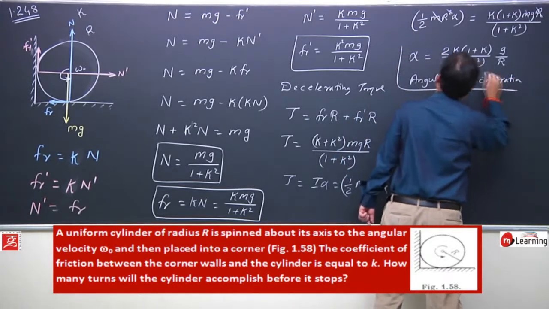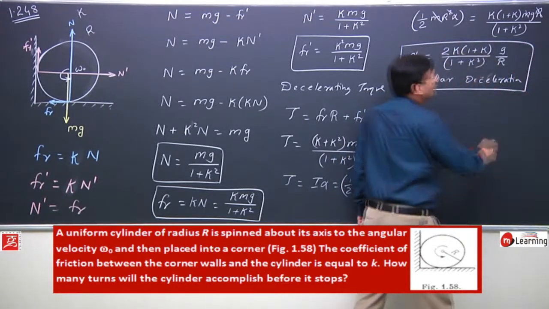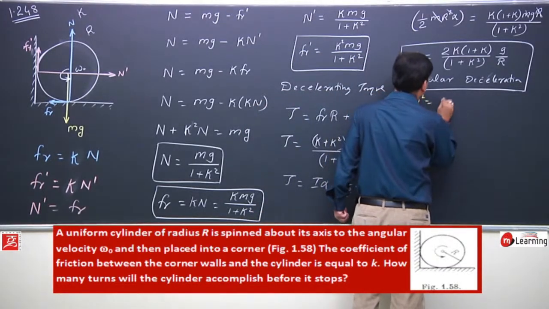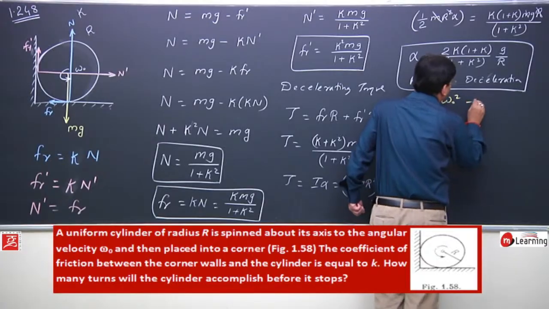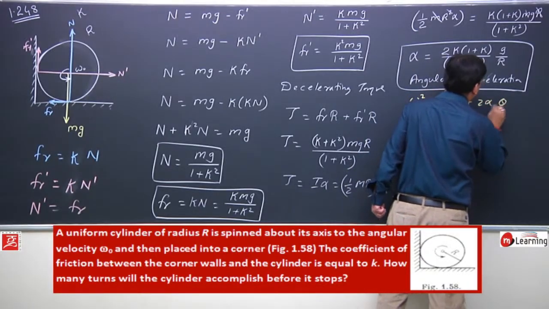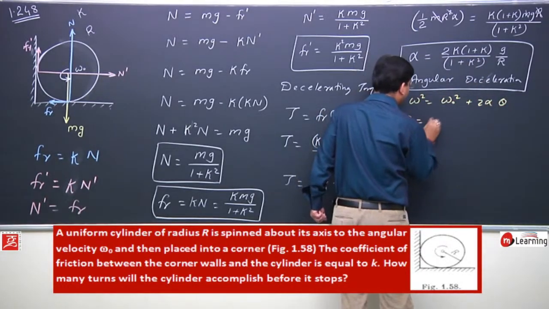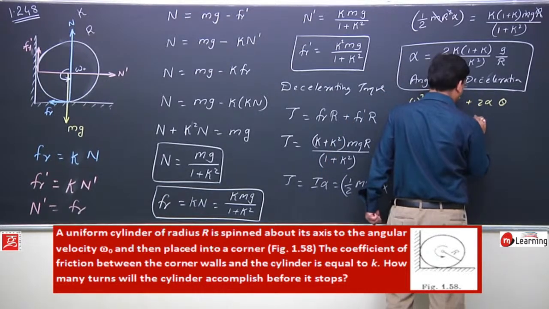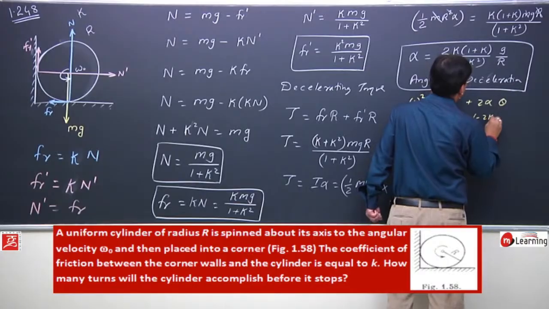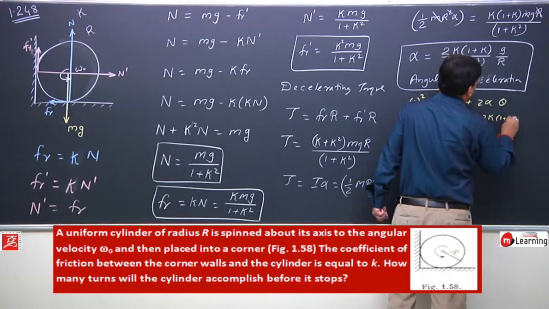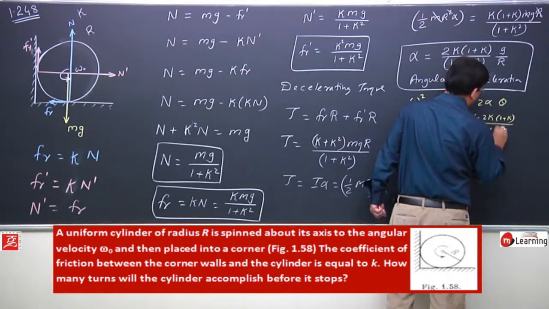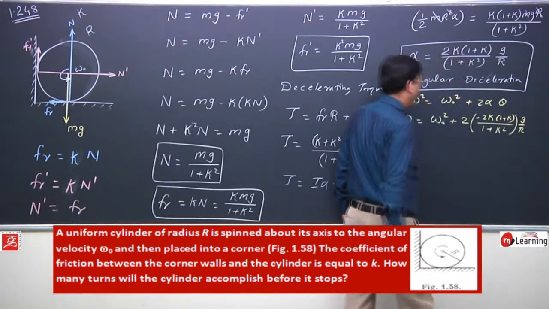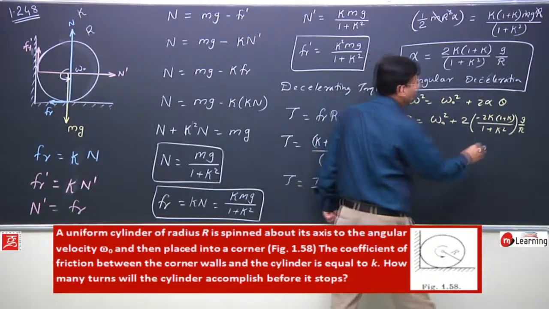Now, in order to get the number of turns, I will finally apply this equation: omega square equal to omega naught square plus 2 alpha into theta. So 0 is equal to omega naught square, and for alpha I will write minus 2k into 1 plus k by 1 plus k square into g by r into theta.